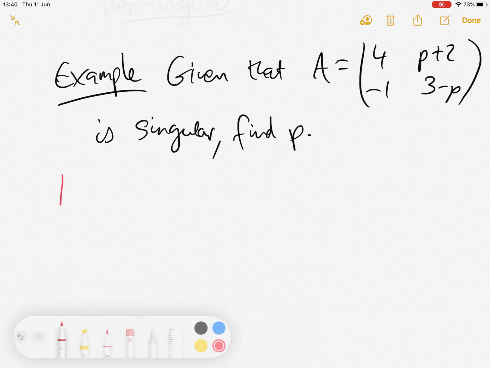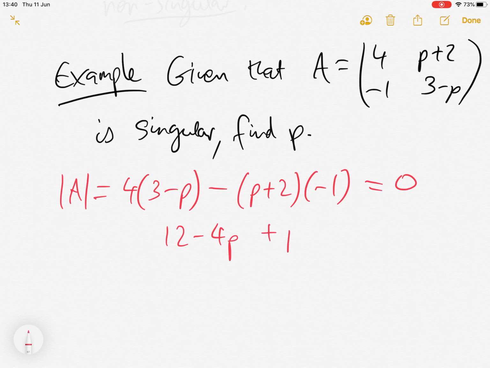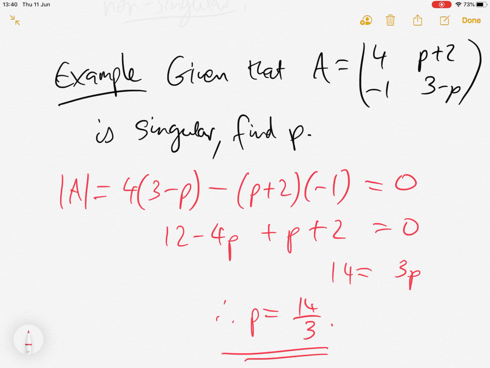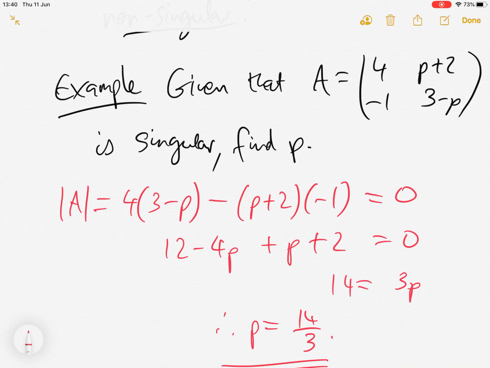Well, the determinant of A is AD, that's 4 times 3 minus p, minus p plus 2 times -1. And that has to be 0 because A is singular. So this is 12 minus 4p plus p plus 2. Now we've just got a linear equation, so we've got 3p equals 14. Therefore p is 14/3. That's the only possible value of p that makes A singular.